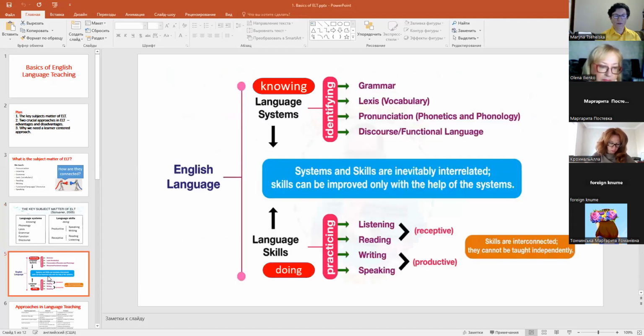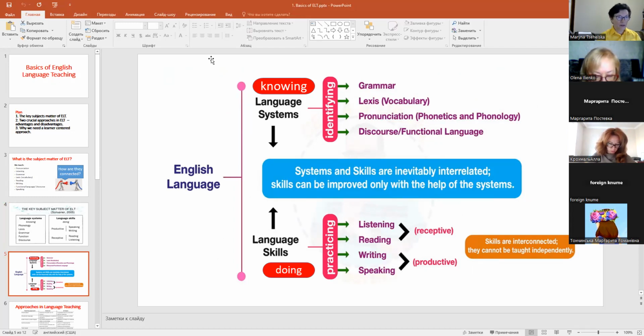And if we look at this chart, here is knowing, here is what we know about the language, and I already told you that we as teachers need to teach students how to identify some grammar rules, something about lexis, pronunciation, and discourse.